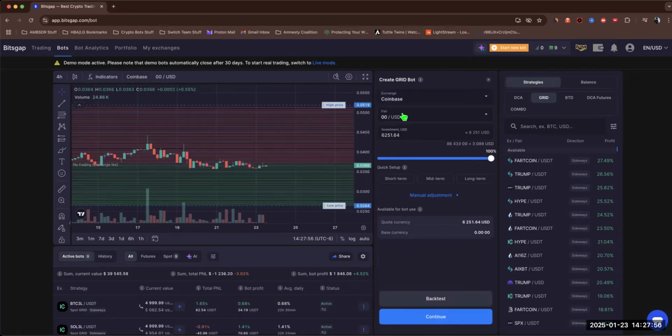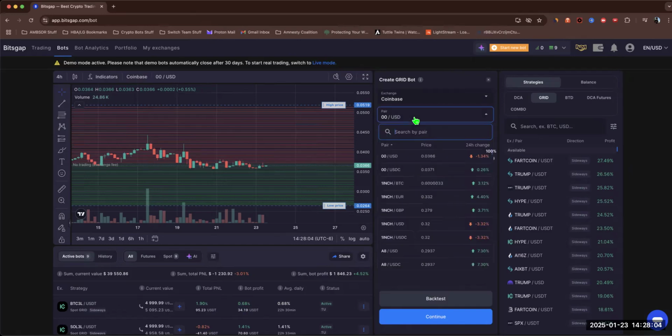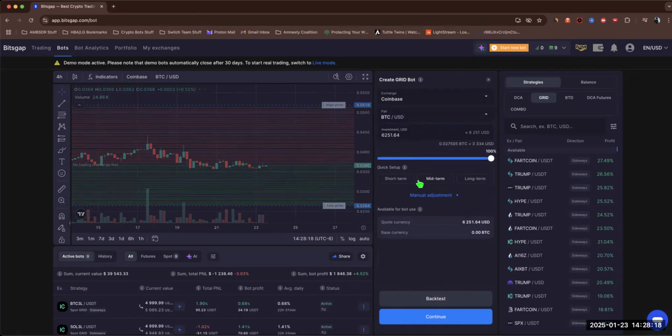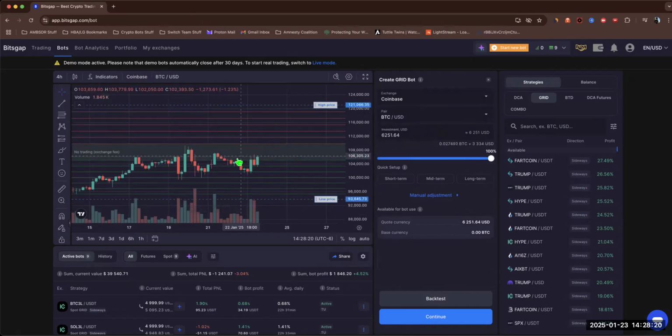Okay, so the next box that we're going to focus on when we are creating our grid bot is our pairing. We're going to maybe start with Bitcoin, USD, and you have USD, USDC, USDT. You can click on the USD, it'll pull up the chart on your left.